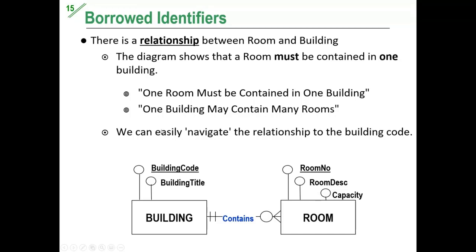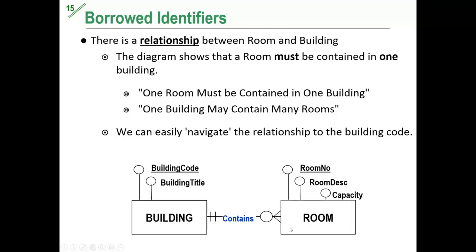But then we need to define the relationship. For example, one building may contain many rooms, and the other way around, one room must belong to one building. That is the kind of relationship we expect between the building and the room. Now again you need to think about this part.